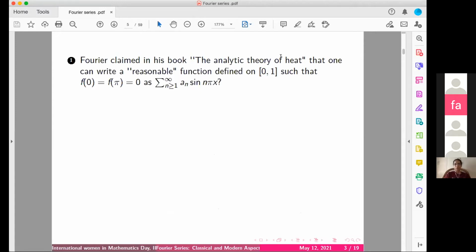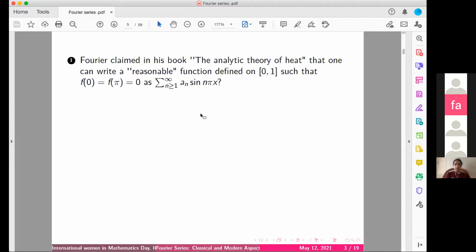So at some places I'm forgetting. So it's 0 to pi, such that if it is 0 at 0 and pi, basically his claim was that any reasonable function on 0 to pi whose value at 0 and pi is 0 can be written as a sum of these sine series.